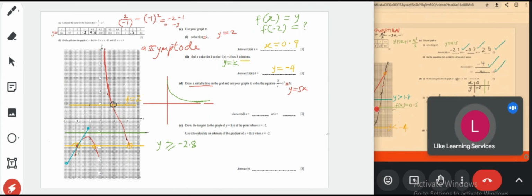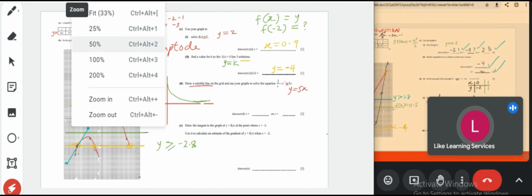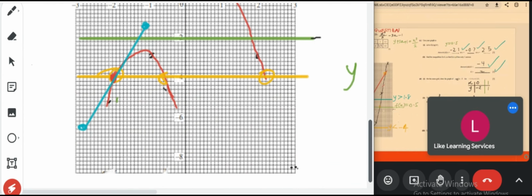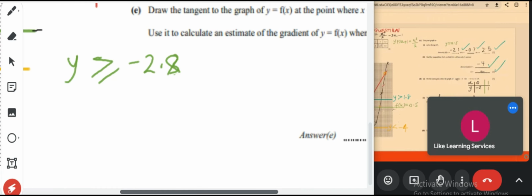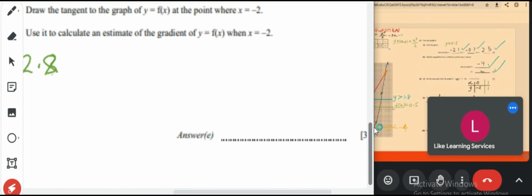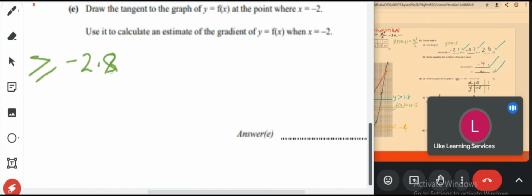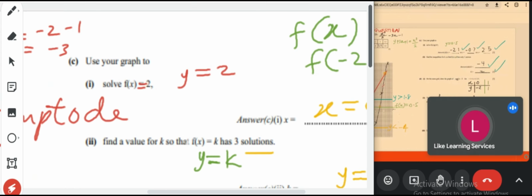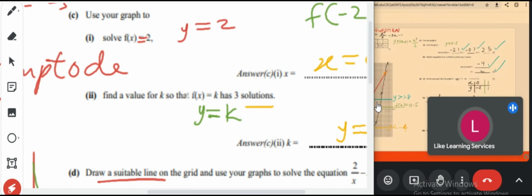And even this one on page 8. I believe you should be able to answer these kinds of questions.